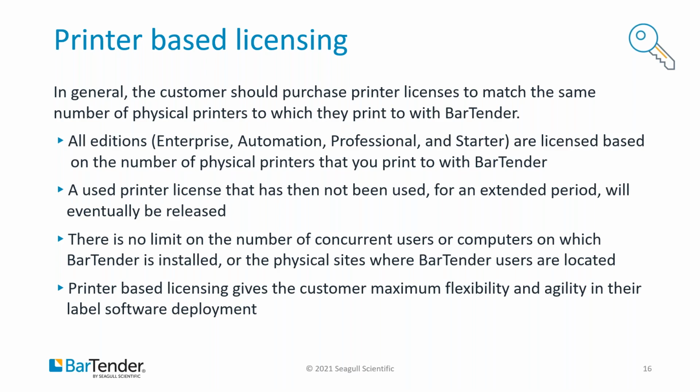So in general, the customer should purchase a printer license to match the same number of physical printers to which they wish to print from BarTender. So if your customer has, let's say, 100 physical barcode printers that they wish to print to using BarTender, they should purchase a 100 printer license, no matter which edition of BarTender you're looking at.